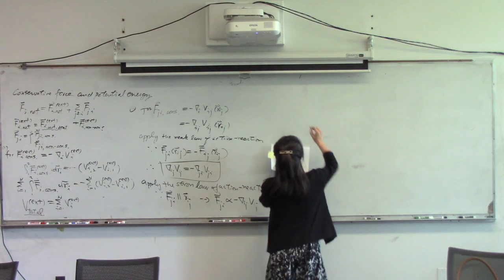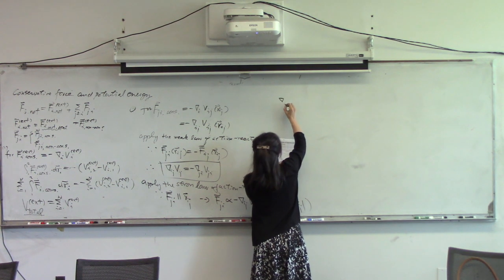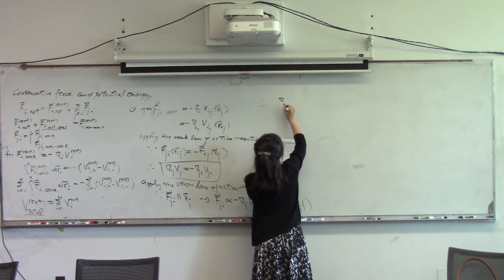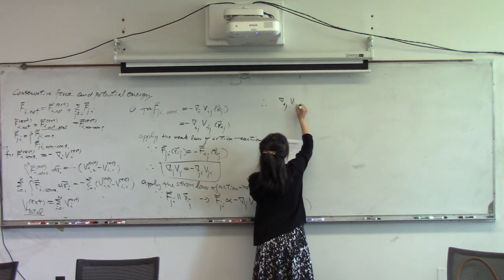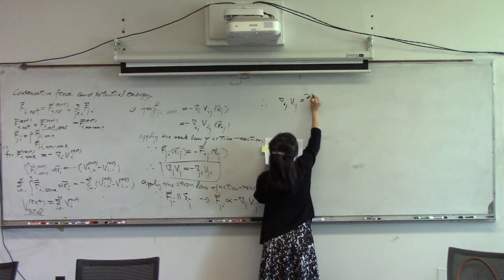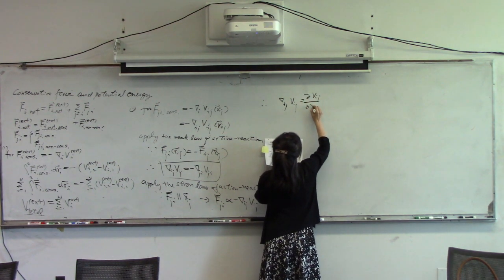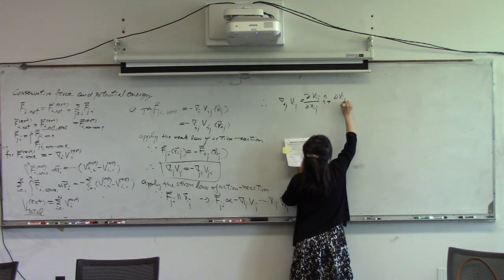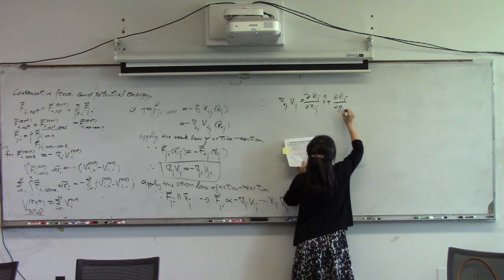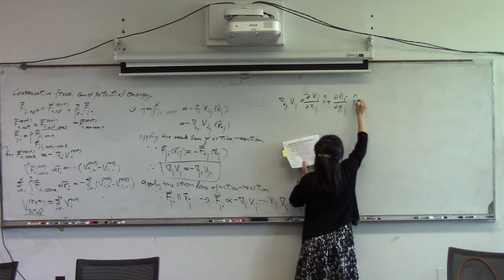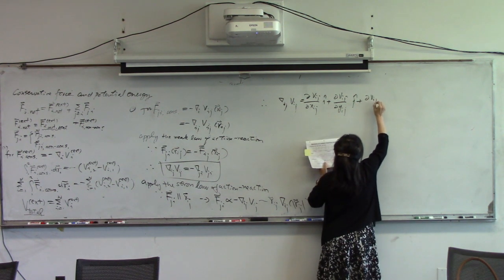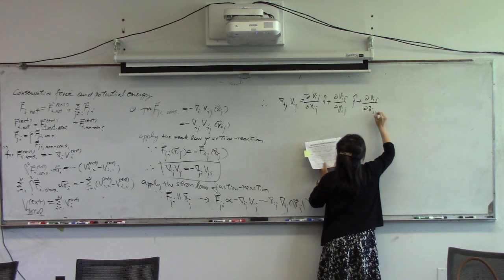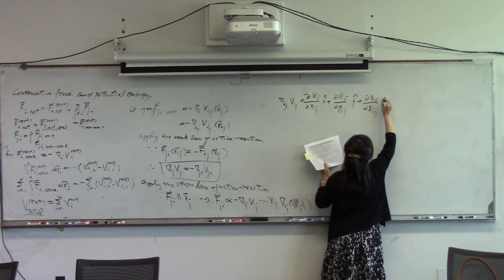So by definition, the gradient of V_ij is partial V_ij partial x_ij i hat, plus partial V_ij partial y_ij j hat, plus partial V_ij partial z_ij k hat.